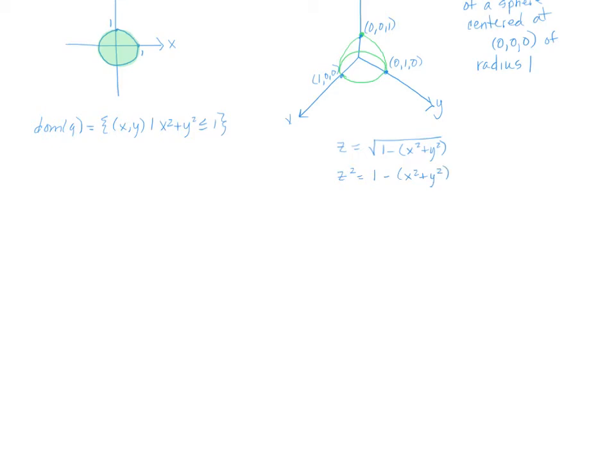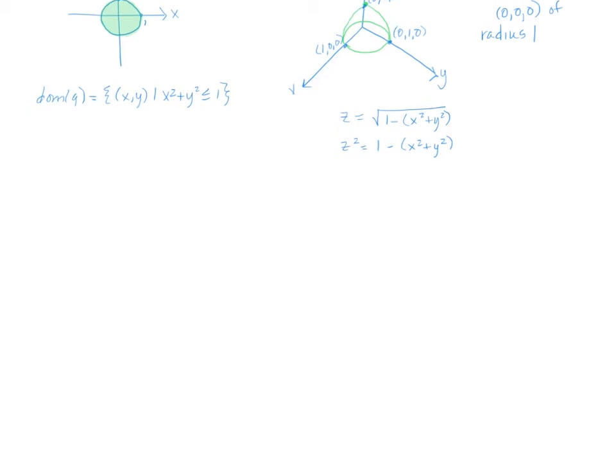Now if I add the x squared plus y squared to both sides, I have x squared plus y squared plus z squared is equal to 1, which is simply a sphere of radius 1.